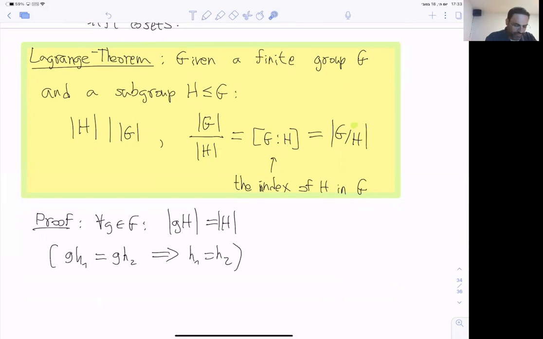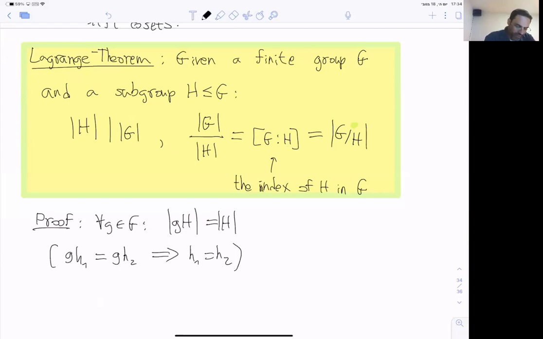So you don't have a repetition here. And the cardinality is the same because it's the same number of elements, just shifted.